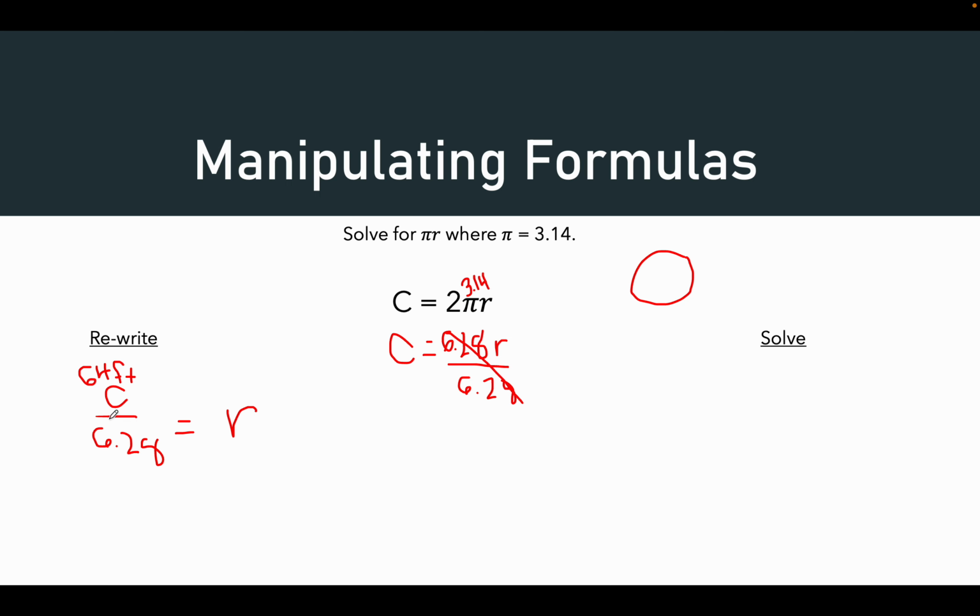So 64 divided by 6.28 will tell me what the radius is. So I'm going to type it in, 64 divided by 6.28. It'll give me 10.1910828. I'm going to say that's about 10.2.